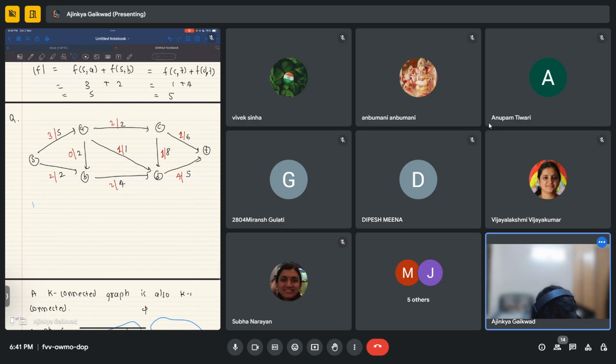So this is a flow of size 5. Question: can you construct a flow of size 6 on your own? Take a pen and paper, think about it, and try to construct a flow of size 6, and then we will do it together after a couple of minutes.